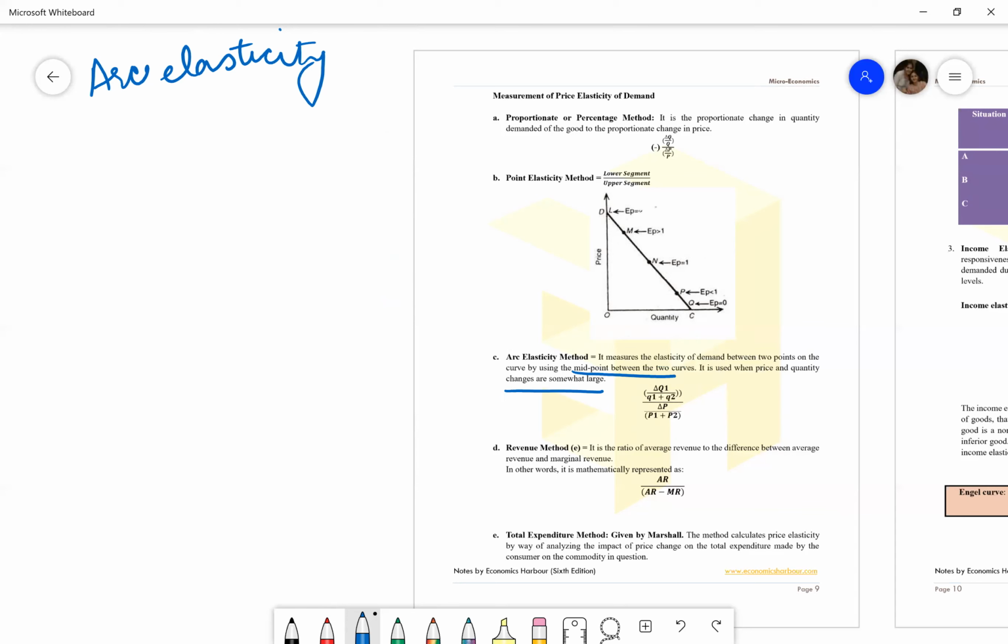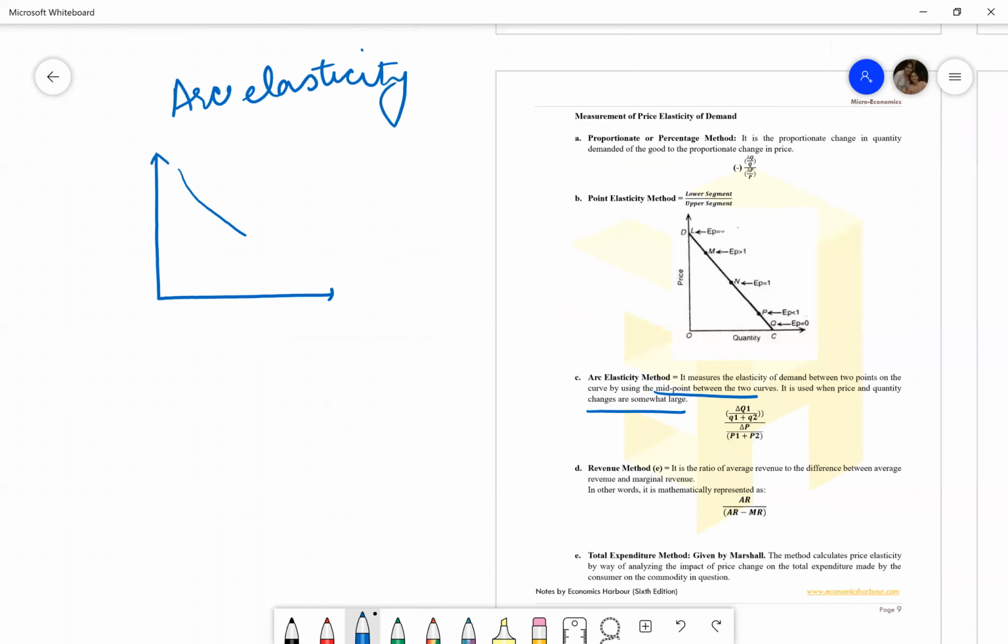For example, this is your curve, and you want to measure the price elasticity between these 2 points, not 1 point, but over the entire range. Then you will use the method of arc elasticity.